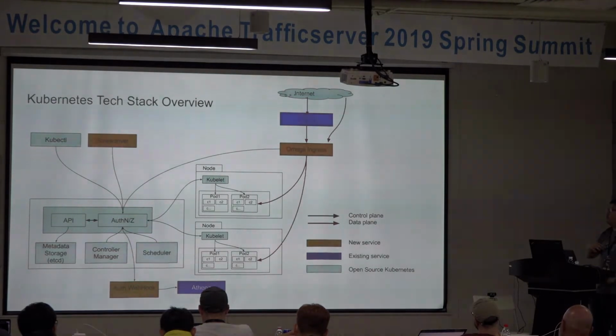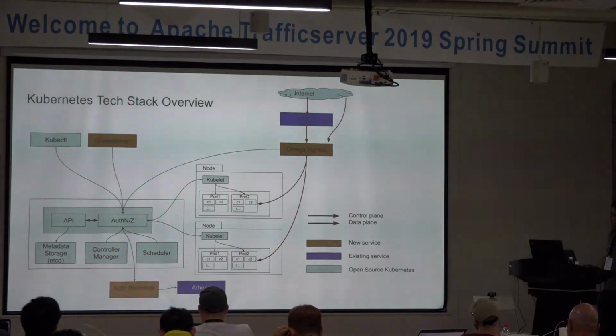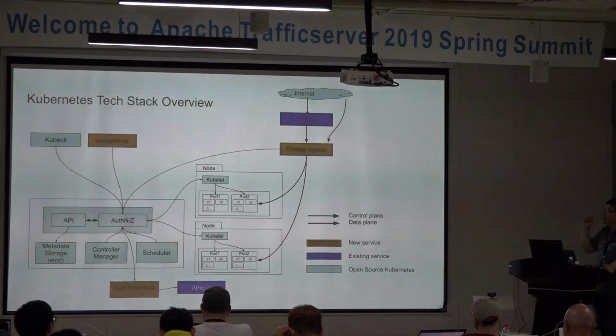Say, I want 5 instances of my PHP apps running, and it will pick the nodes that can support you and put your application into those nodes. So it is really a container orchestration and scheduling utility for you to manage your physical computing power.